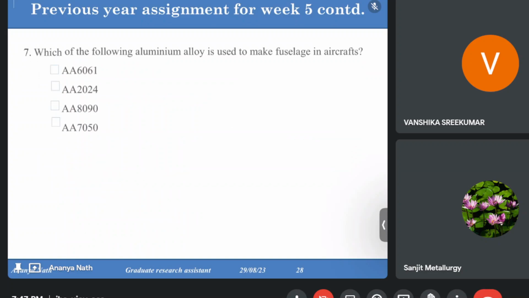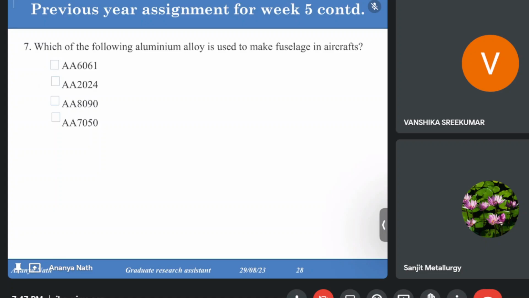So the next question is, which of the following aluminum alloys is used to make the fuselage in aircraft? The last one, 7050. Yes, it's used.